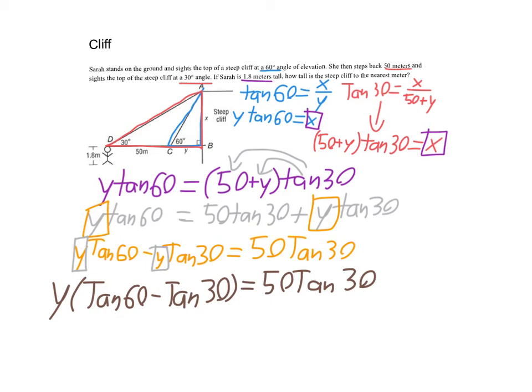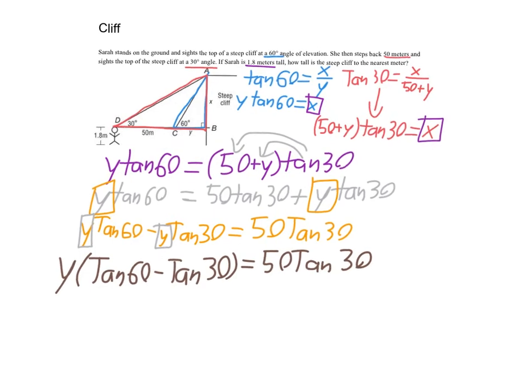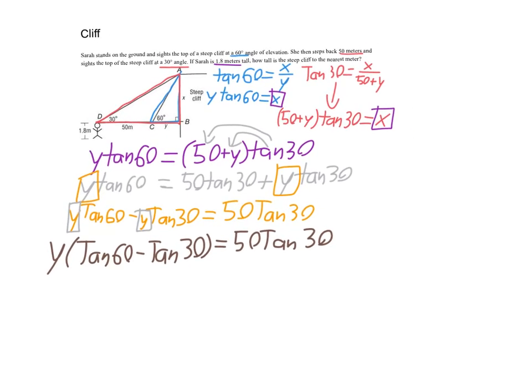I'm now going to divide both sides by this tangent of 60 minus tangent of 30.